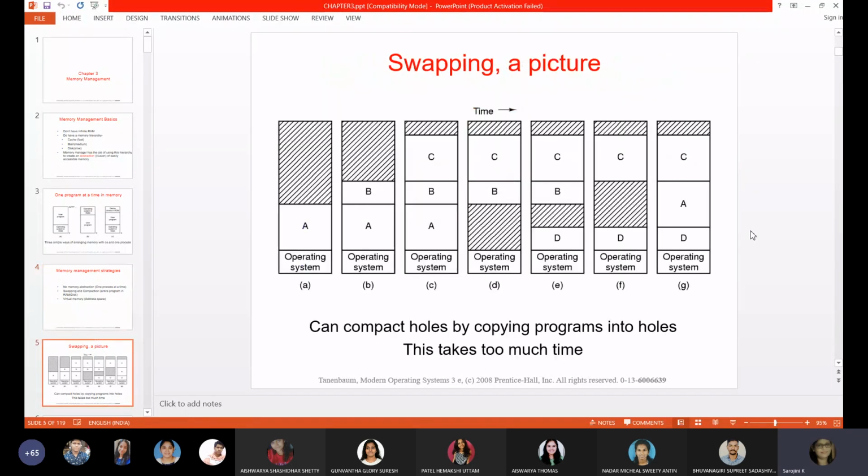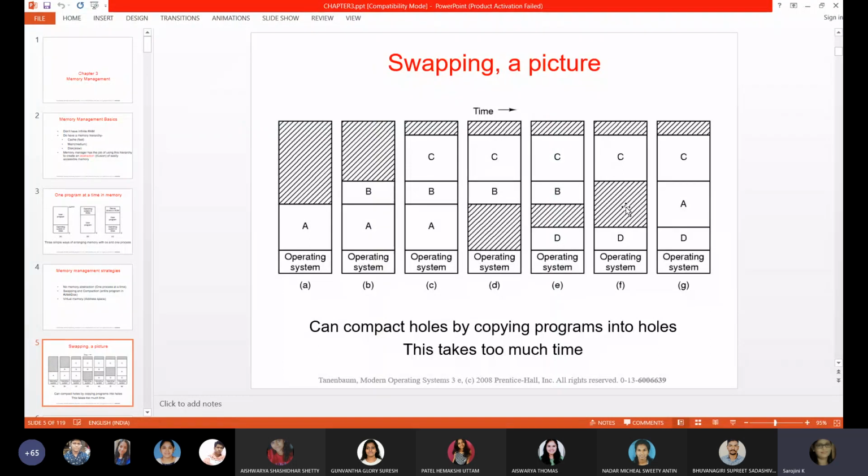Now we will see how the swapping will happen. What is swapping? You have to know this. Running multiple programs without any memory abstraction is called swapping. That means it will not create any illusion.